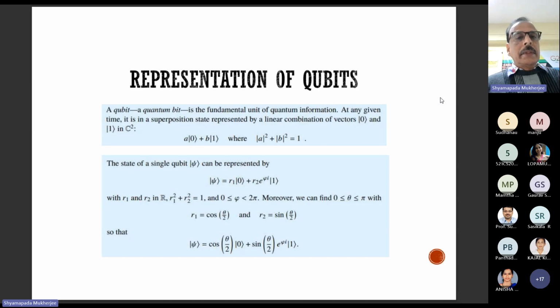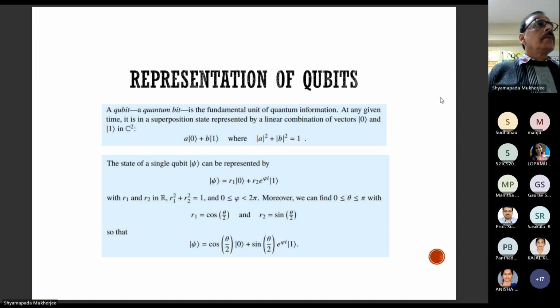I can say that because psi is a wave, these A and B are probability amplitudes. And the probability amplitude mod square is the probability. And I know that the sum of the probabilities of an event is always equal to 1. So that is why mod A square plus mod B square is equal to 1.